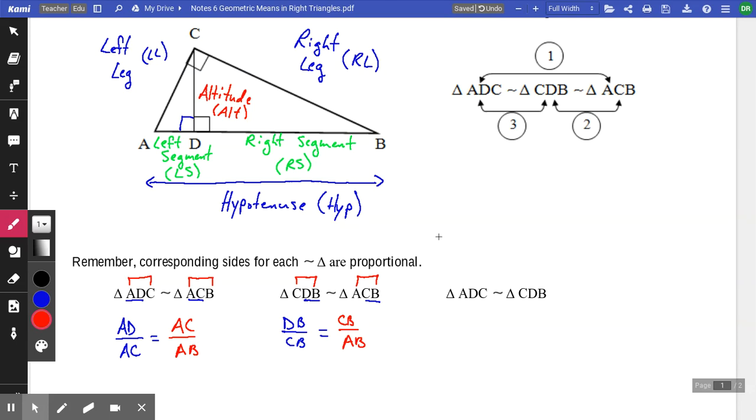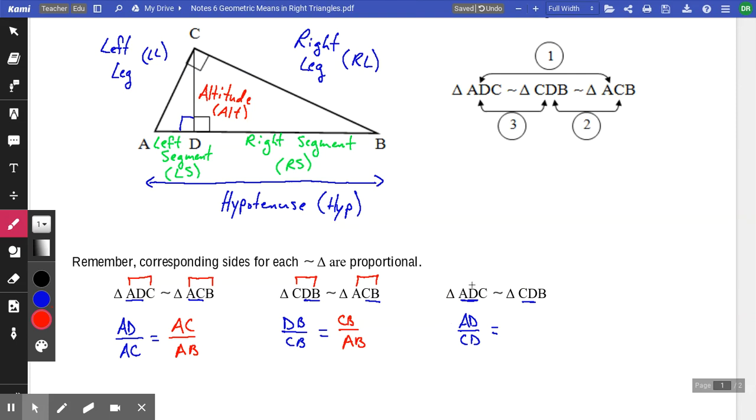Okay, and in one last case here, we have triangle ADC and triangle CDB, which happens to be the two smaller triangles in this picture on the left and on the right. What happens here is if we look at segment AD and compare it to segment CD, that would give us the ratio of AD to CD being equal to another comparison.